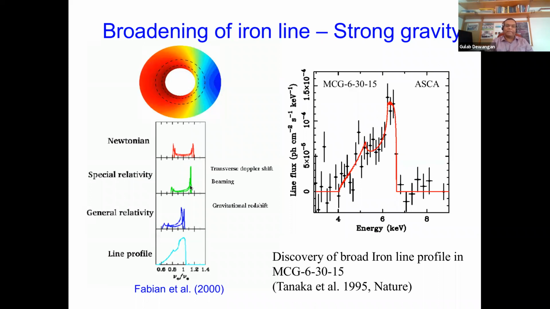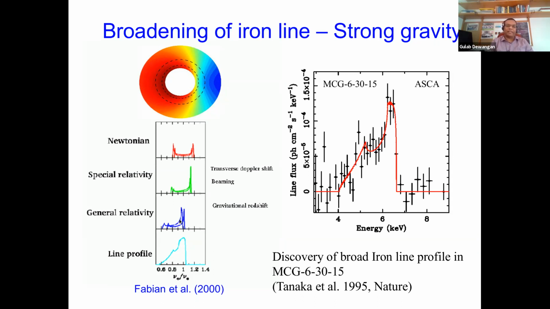And the line component coming from the part of the disk moving towards us will be enhanced due to relativistic beaming. Because in the rest frame of the disk, the radiation, of course, will be going in all directions. But when it is moving with relativistic speed towards us, the entire emission is confined into a very narrow cone, and that gives rise to this relativistic beaming, and therefore this component is enhanced.